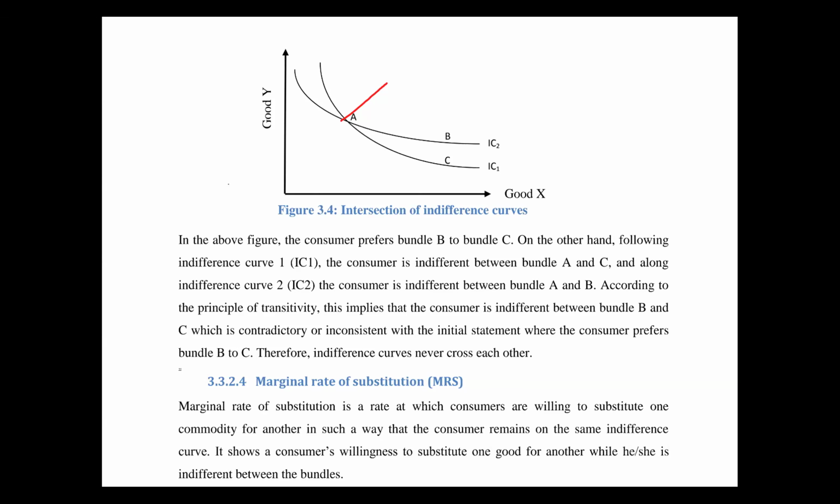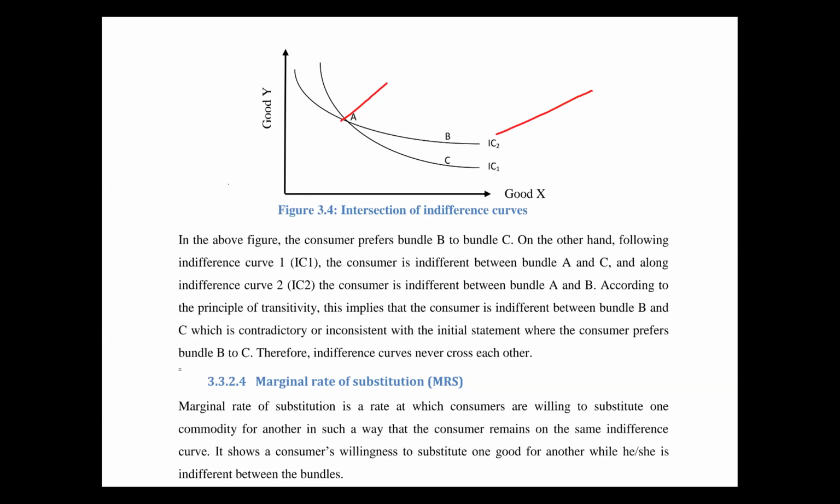And from what we said previously, if someone is consuming at point B, which is on curve number 2, then that level should be preferred to any lower level, right? So check B. B is on a higher indifference curve, which means it's preferred, right?